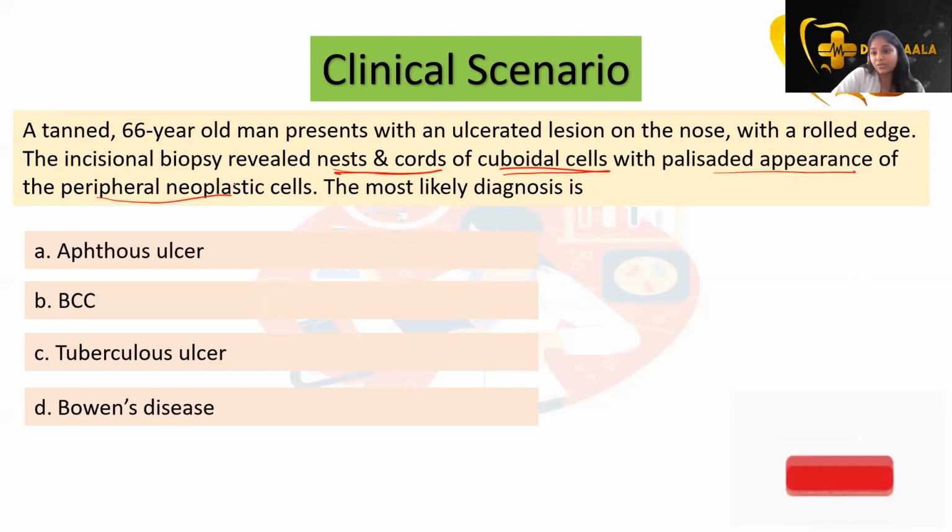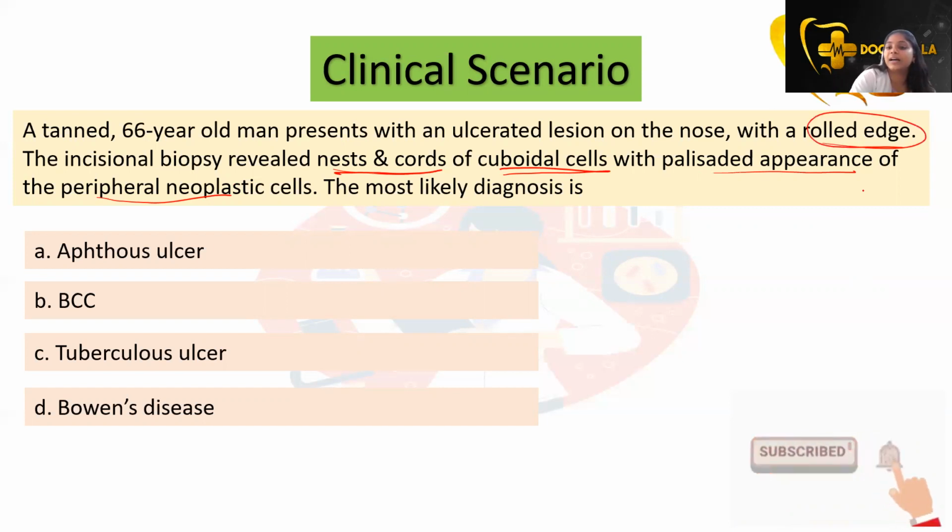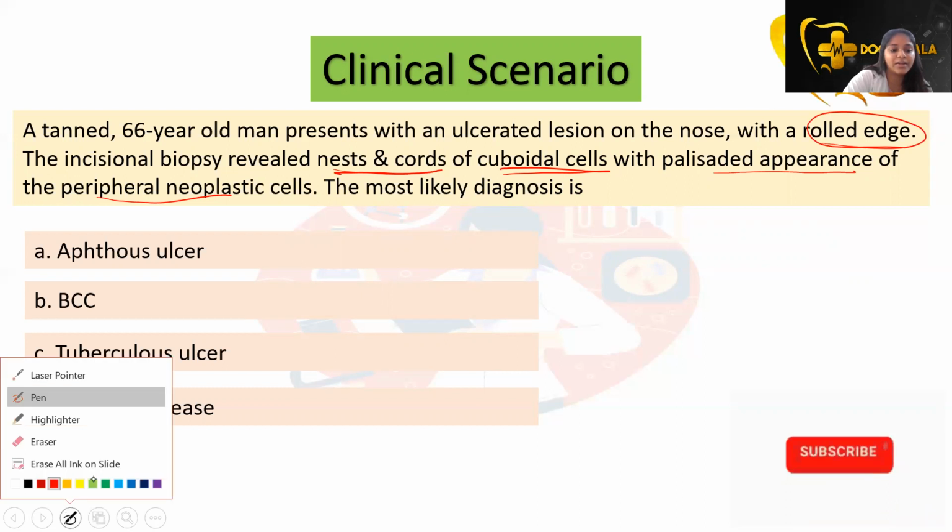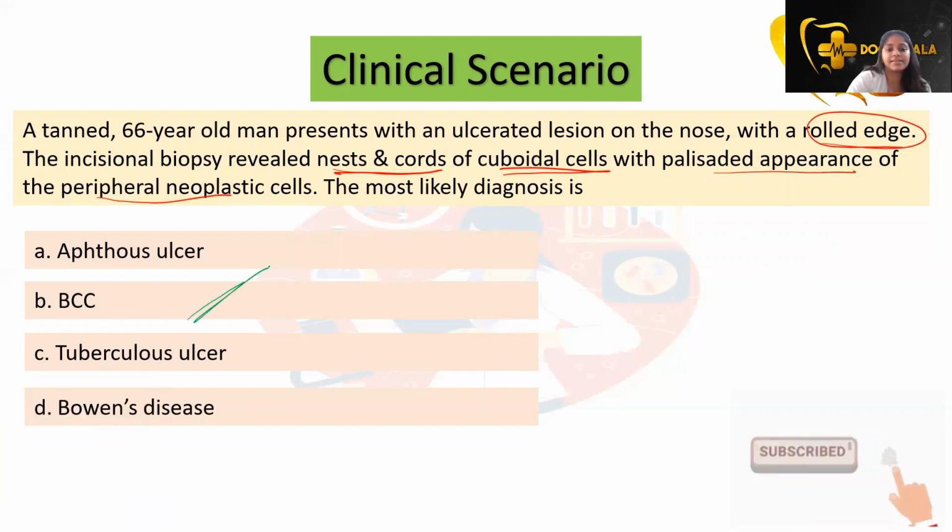The most likely diagnosis will be: the rolled edge is seen in basal cell carcinoma. We didn't discuss this; I've mostly concentrated on histological subtypes, but a rolled edge ulcerated lesion is seen in basal cell carcinoma. Then coming to the histology, in the biopsy we see nests and cords in a palisaded appearance, so BCC. The correct answer will be basal cell carcinoma.